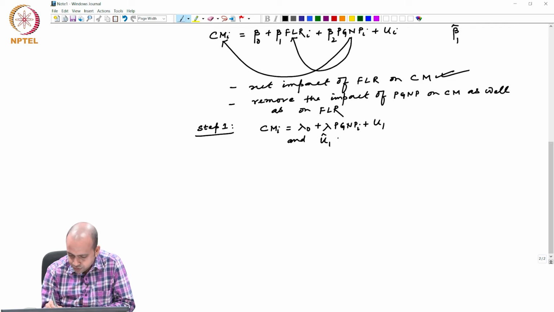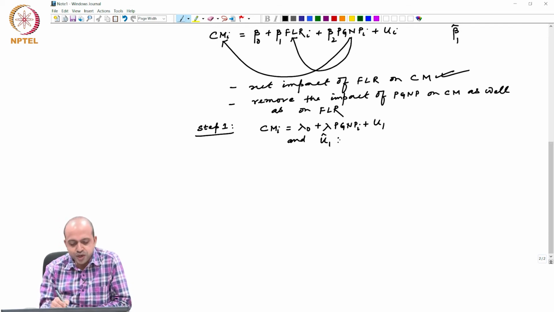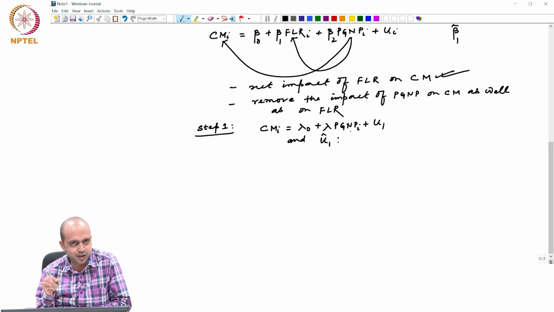Now, once we regress CM on PGNP and collect the residual from that regression, what does this U1 hat indicate basically? If we recall, the error term captures the impact of other factors. So, that means when we run this regression of CM on PGNP and then collect U1 hat, that is basically that portion of CM which is unexplained by PGNP.